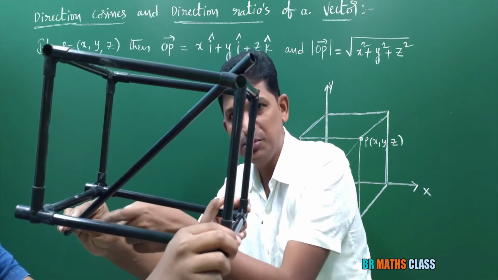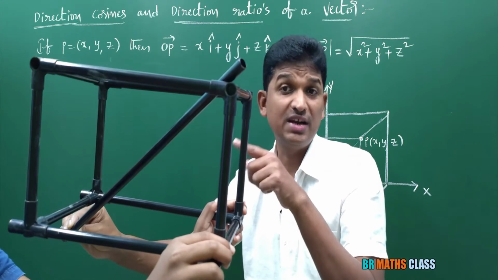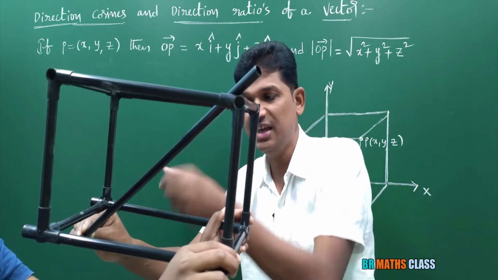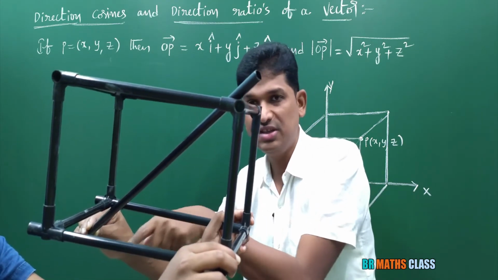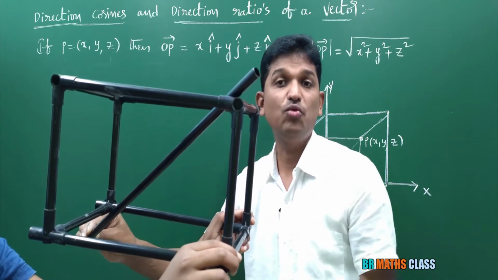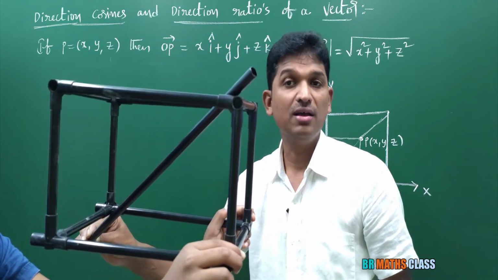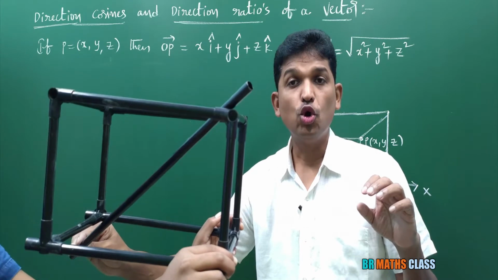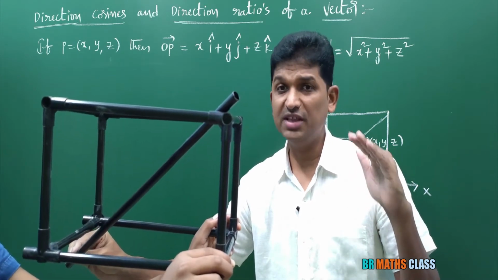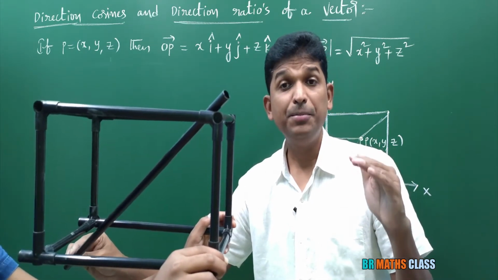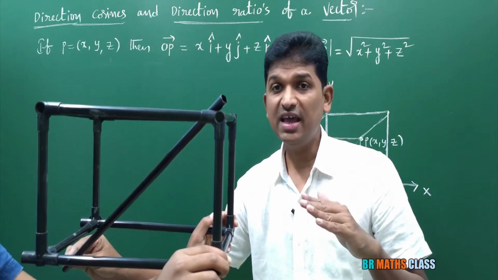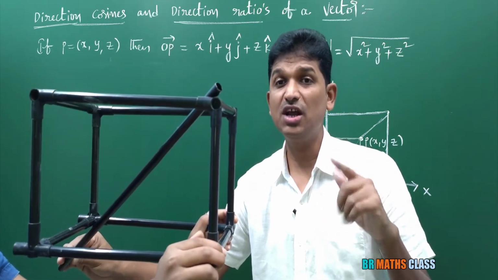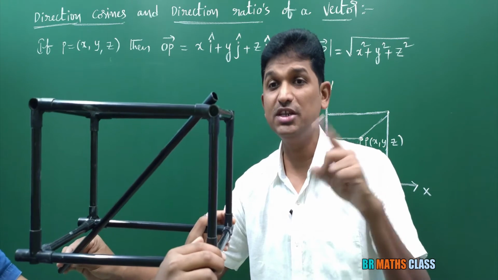Consider a three-dimensional figure like this so that you can understand this easily. The sum of this angle plus this angle is 180 degrees, so this angle is 180 degrees minus alpha. If OP bar makes an angle alpha with the x-axis, then PO bar makes an angle 180 degrees minus alpha with the x-axis. This is the point you need to catch.